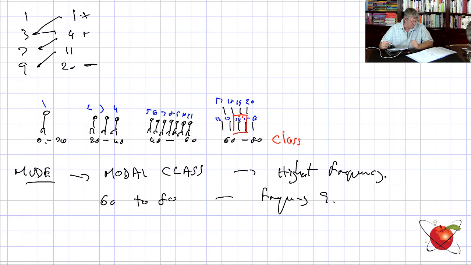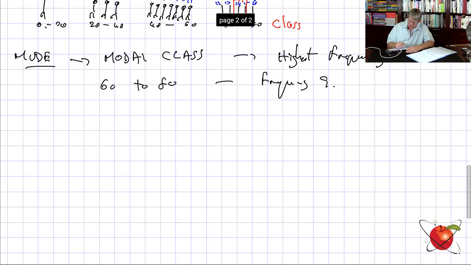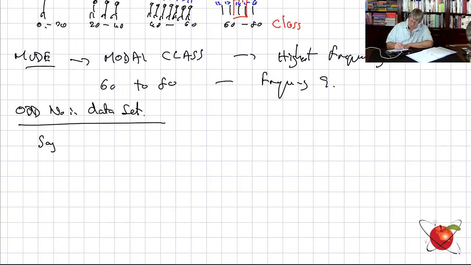Okay, we found the median is in whatever class. Let's have a look. What happens if we had an odd number in the data set? Say we had 29 people.